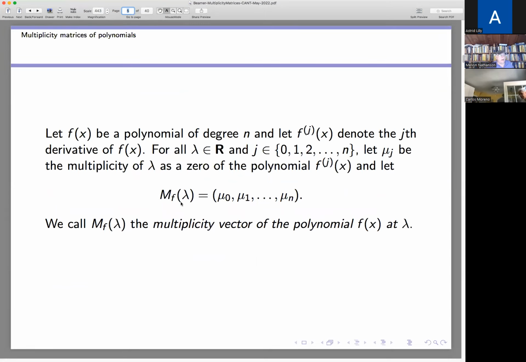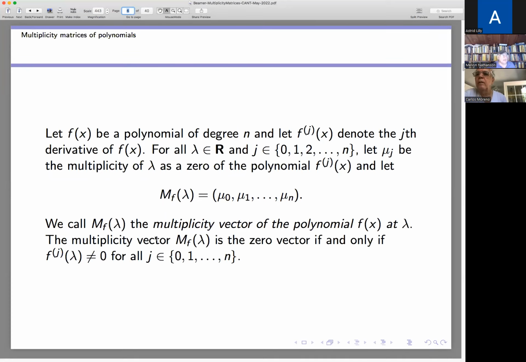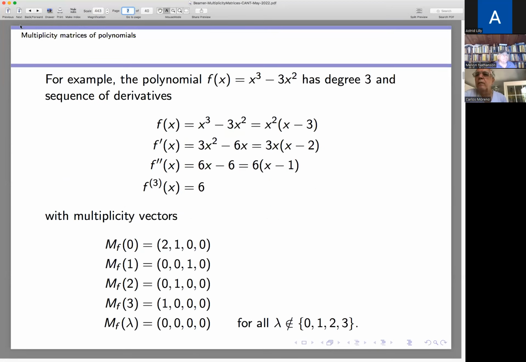So this vector, m_f of lambda, is an n plus 1 dimensional vector with non-negative integral coordinates. We call this the multiplicity vector of the polynomial at lambda. So mu_j is just the multiplicity of lambda as a root of the jth derivative.